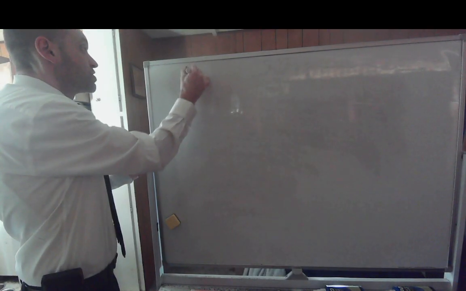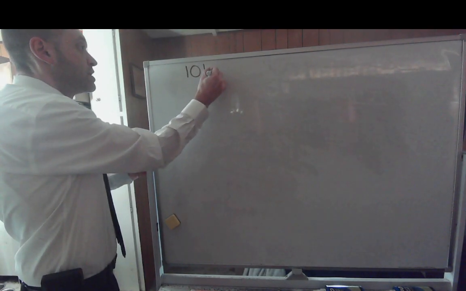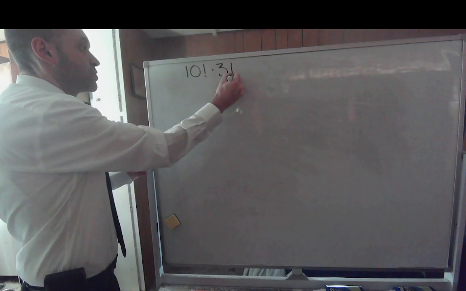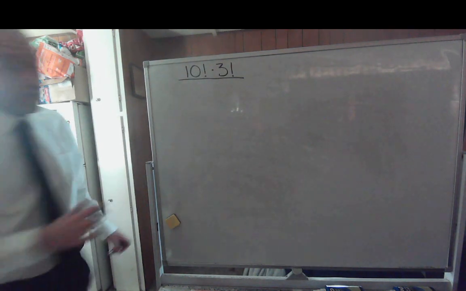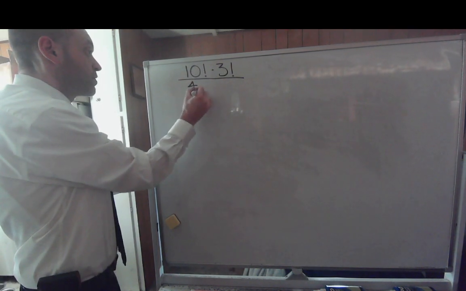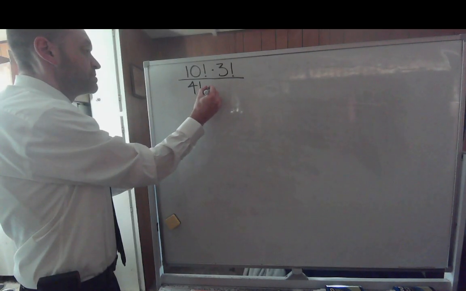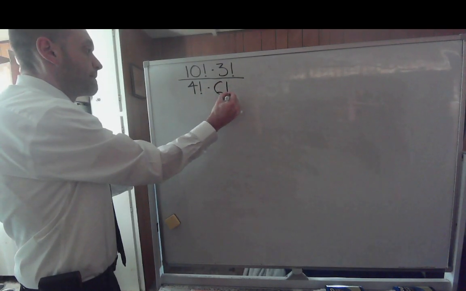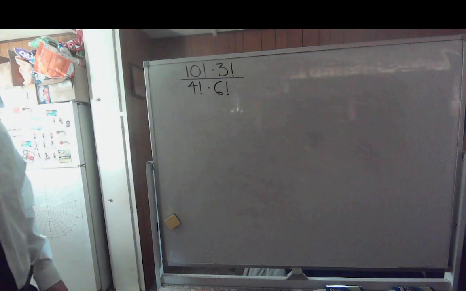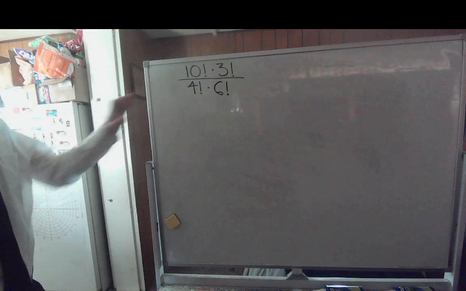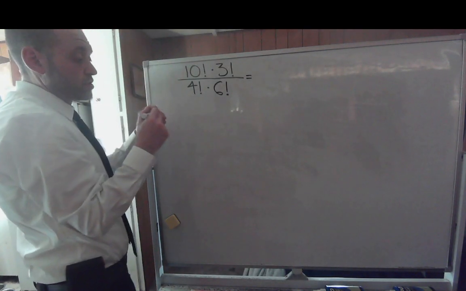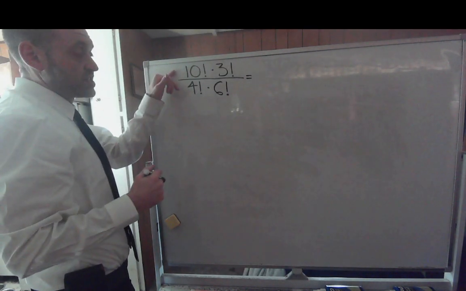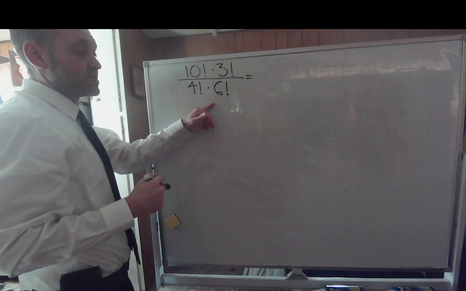How about, so we have 10 factorial times 3 factorial divided by 4 factorial times 6 factorial. We have a bit of a mess here, don't we? Well, let's take a look at this. The largest factorial in the numerator is 10, the largest in the denominator is 6.